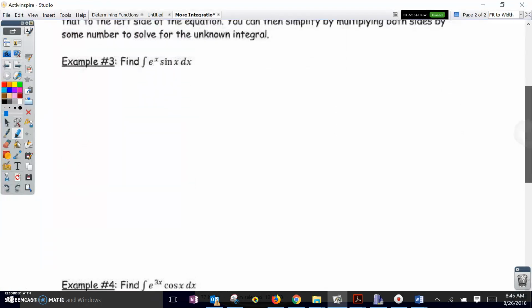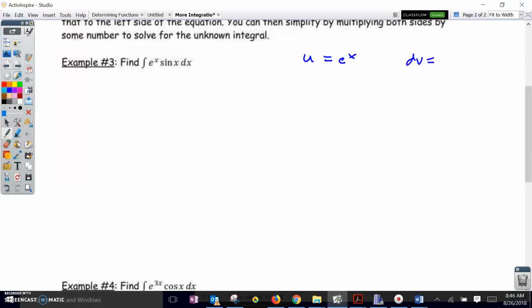We're going to find the integral of e to the x sine of x dx. So using LIPET, I'm going to let u be equal to e to the x and dv be equal to sine of x dx. And then du is e to the x dx, and v is negative cosine of x.